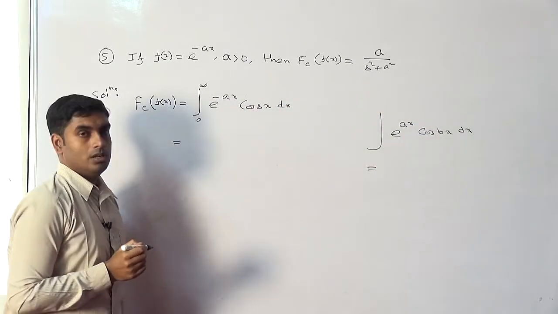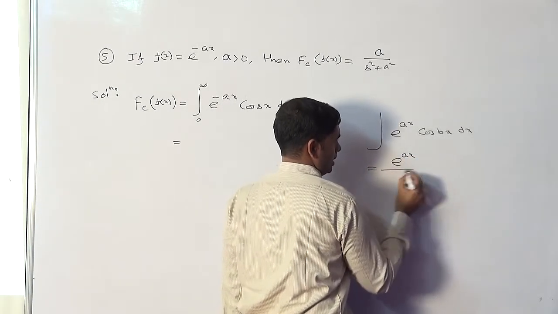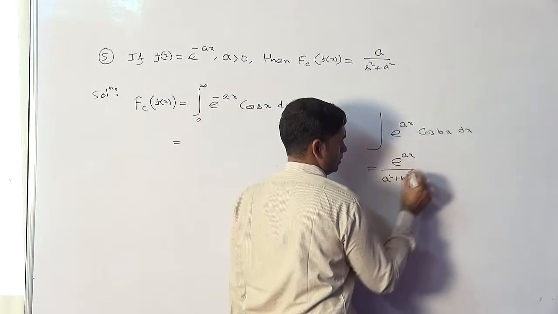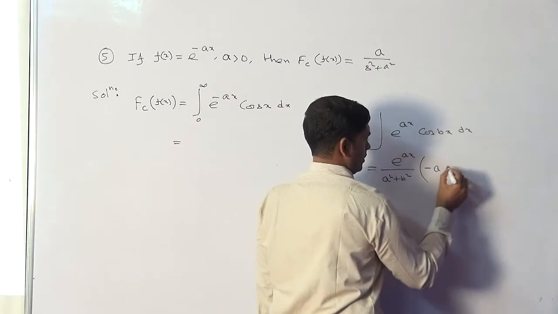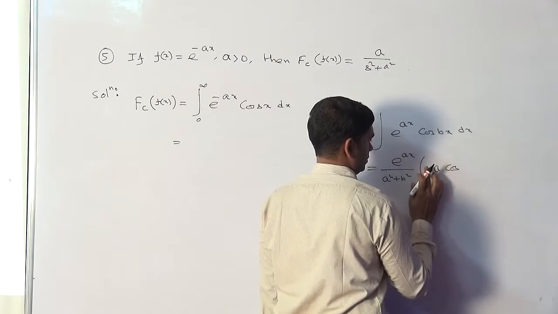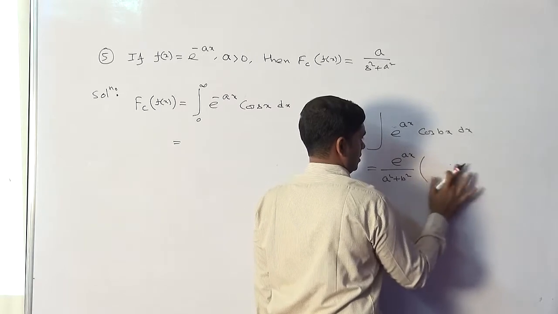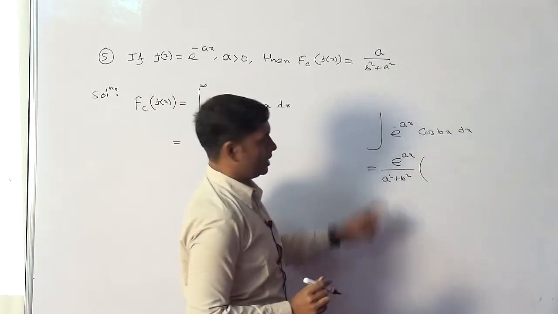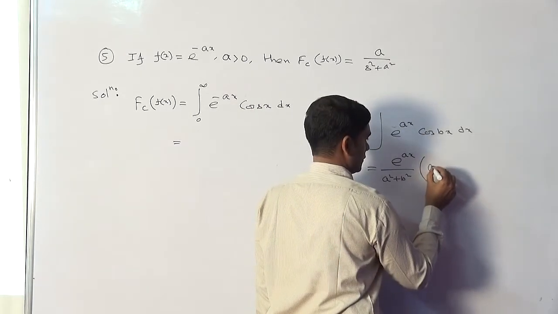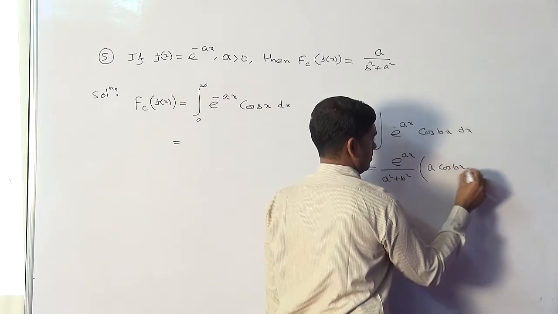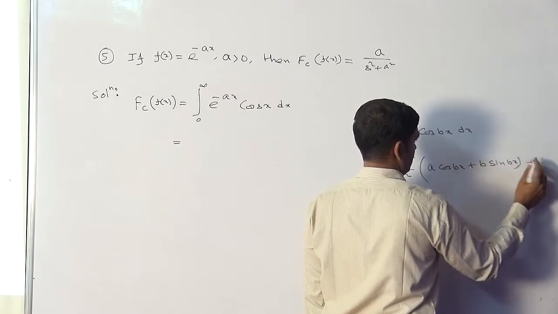For this integration, the value is e to the power ax over (a squared plus b squared) times (a cos bx plus b sin bx).